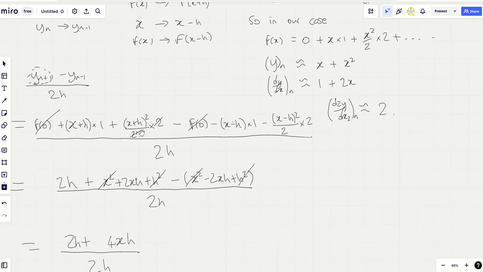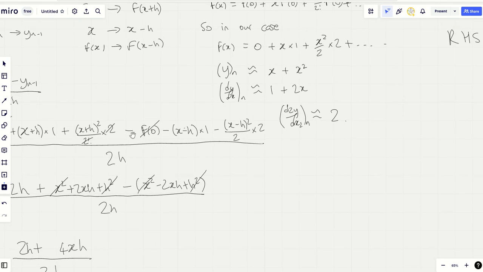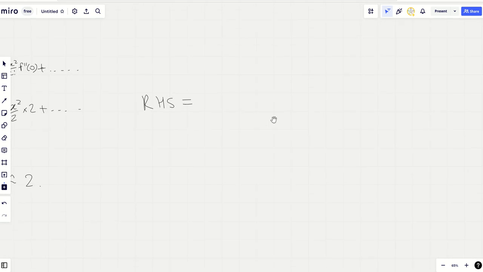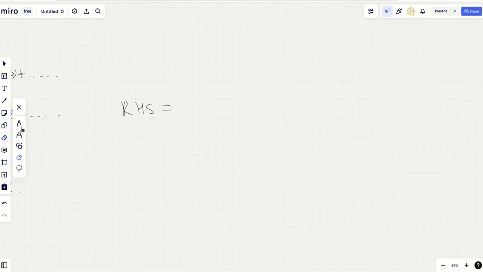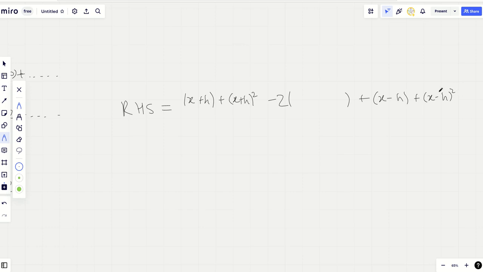So x plus h squared plus x minus h plus x minus h squared, that's essentially what I've got. X plus h plus x plus h squared. I'll leave the minus 2, and then I'm going to have plus x minus h plus x minus h all squared. This is all over h squared, remember.